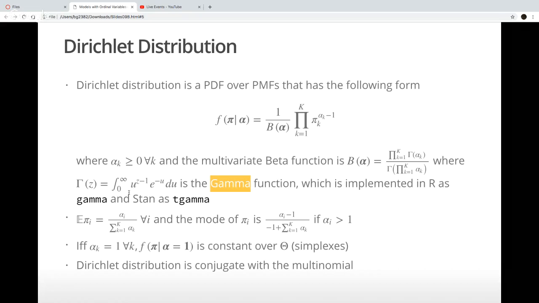And it can be shown that basically the Dirichlet is a multivariate generalization of the beta distribution. Indeed, each margin of the Dirichlet is distributed beta. And so it inherits a lot of the same properties. We saw you can have beta margins that are sort of U-shaped, in which case there's no unique mode.